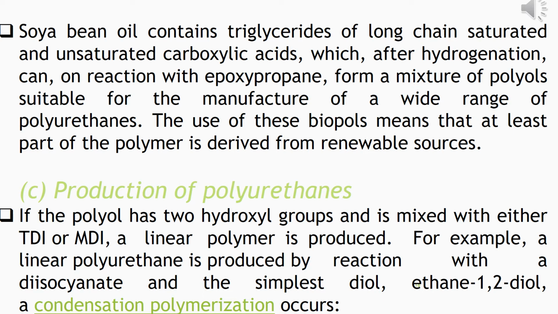After hydrogenation, on reaction with epoxy propane, these triglycerides present in soybean oil form a mixture of polyols, and those polyols are suitable for the manufacture of a wide range of polyurethanes.